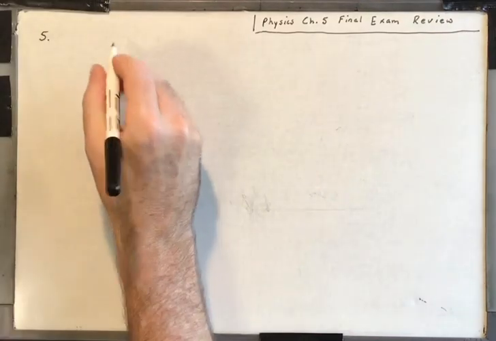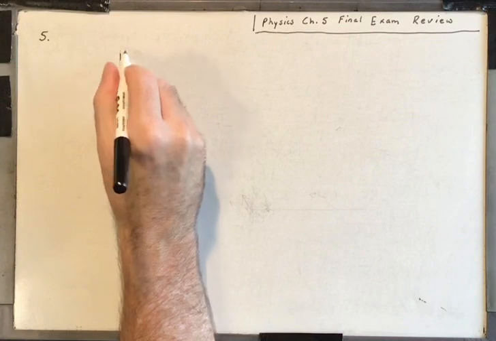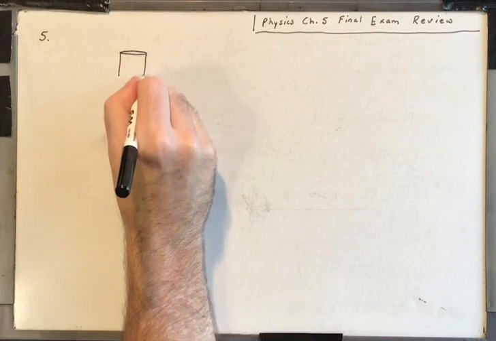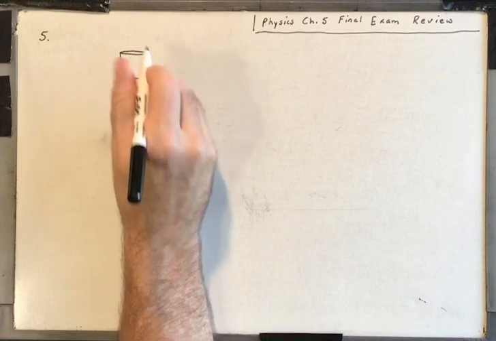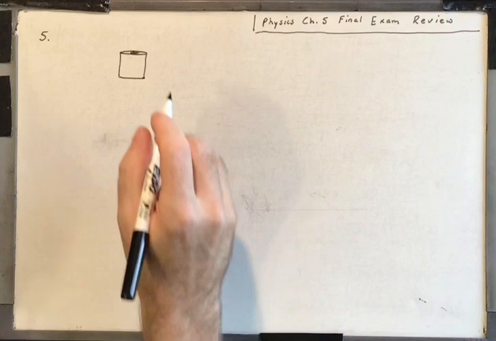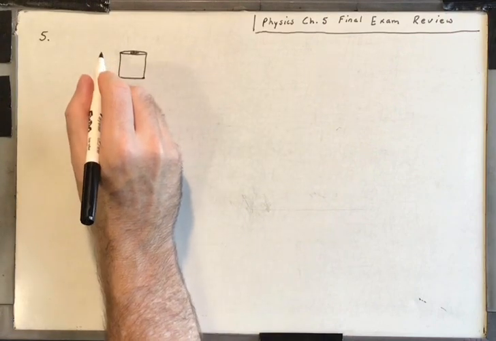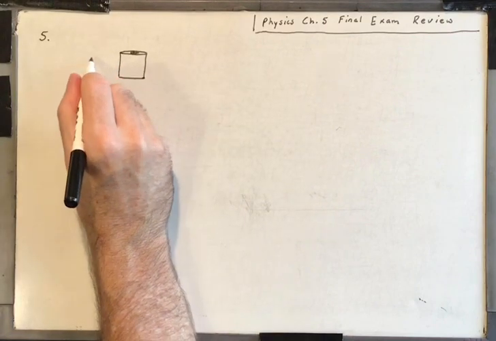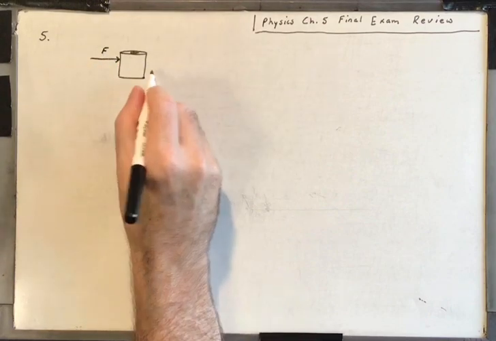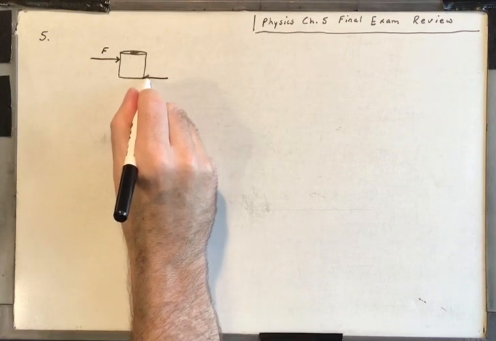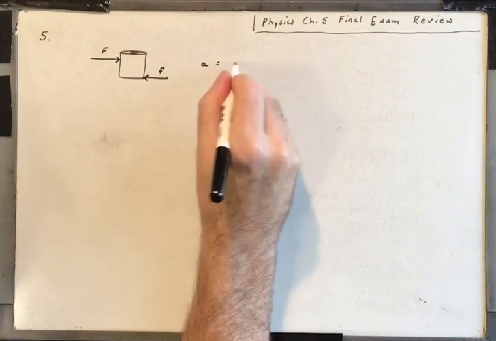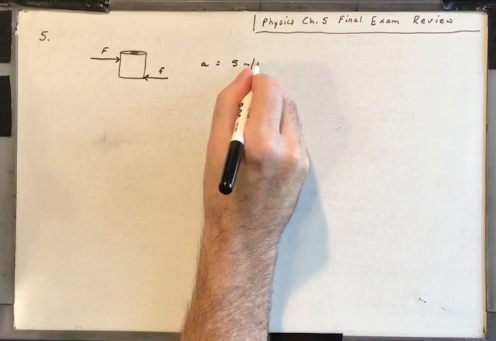So once again, we're going to have a roll of toilet paper. All right, and we want to know what force has to be utilized to get the acceleration to be 5 meters per second squared.